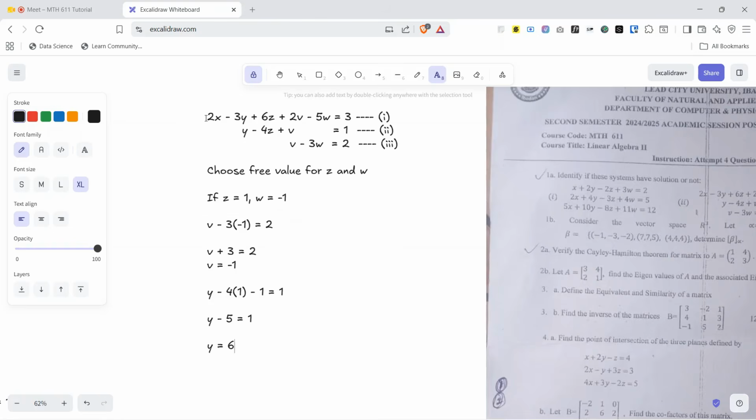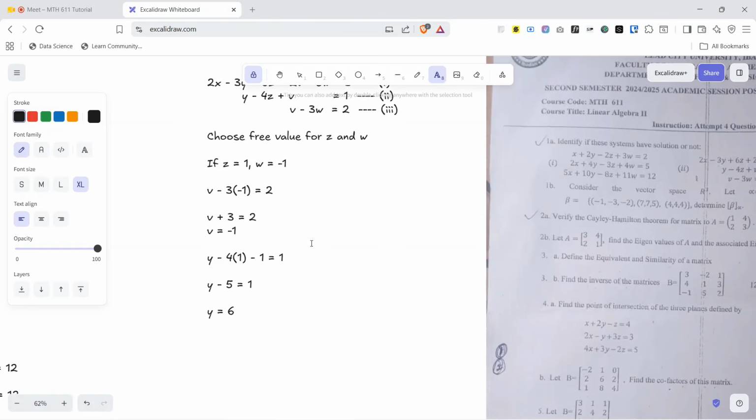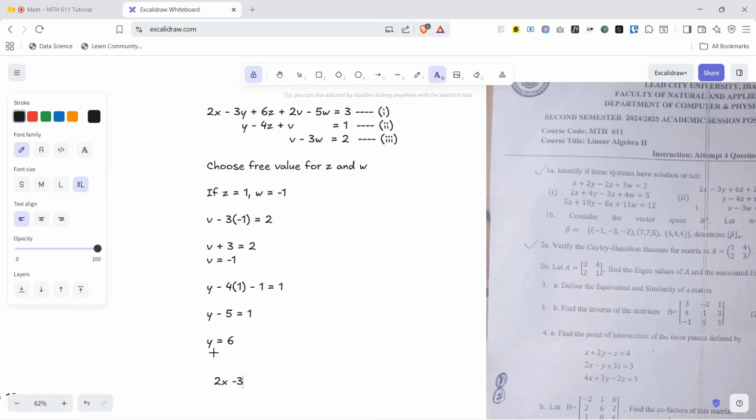We are now going to plug this into the main equation, which is now 2x, we don't know x yet, minus 3 times y, which is 6, plus 6z, z is 1, plus 2v, v is minus 1, minus 5w, w is minus 1, equals to 3.